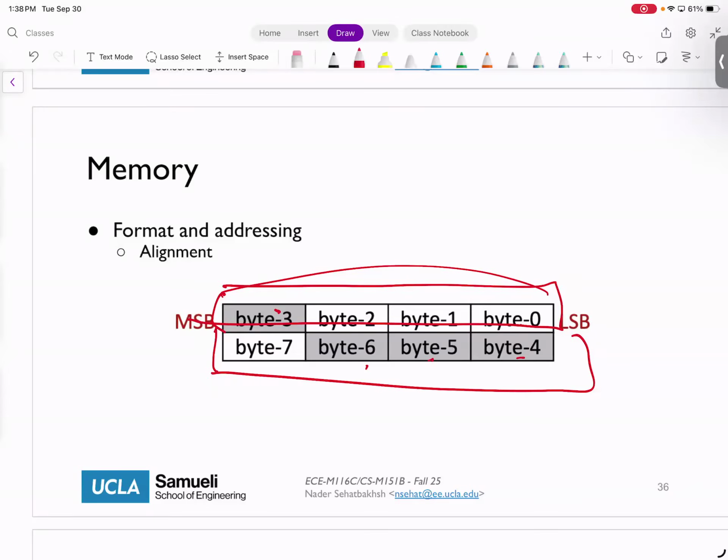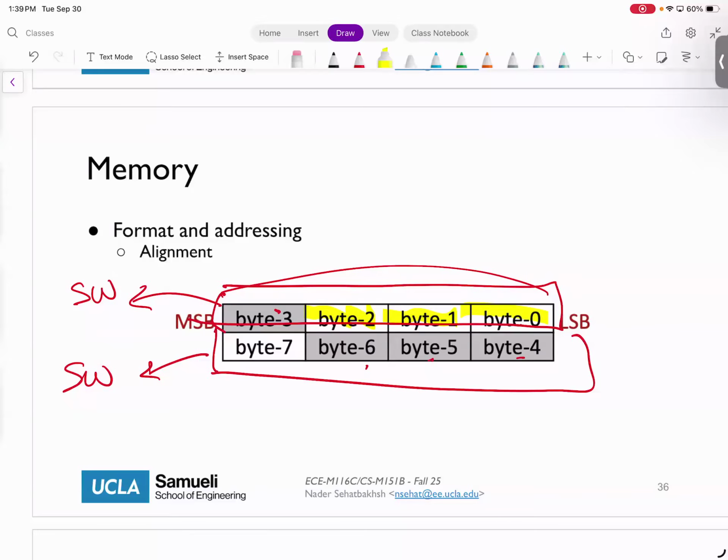Typically, most hardware systems don't allow you to do this kind of thing. They usually block you from misaligned reads or writes. They need you to do it in two separate issues. So, for example, if I want to write something like this into the memory, I need to issue one store here and another store here, and I need to somehow mask the data from being written to the memory.